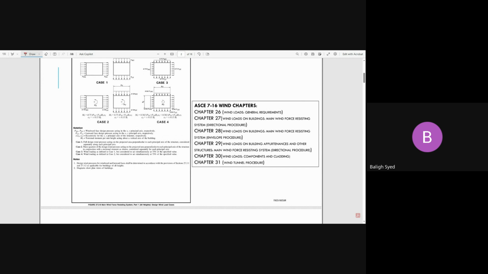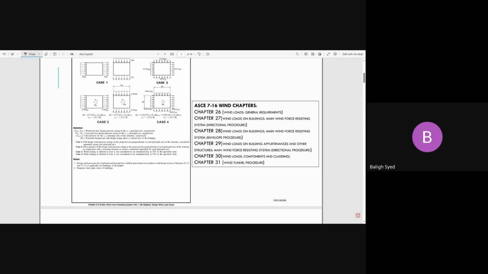But whenever we discuss the main lateral system of the building, we must go to these chapters, see which chapter is applicable, and then calculate the main wind force resisting system pressures. So these are the fundamental guidelines.